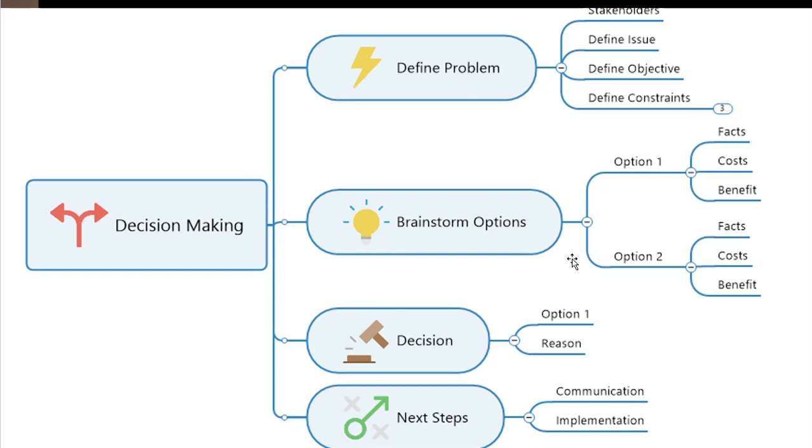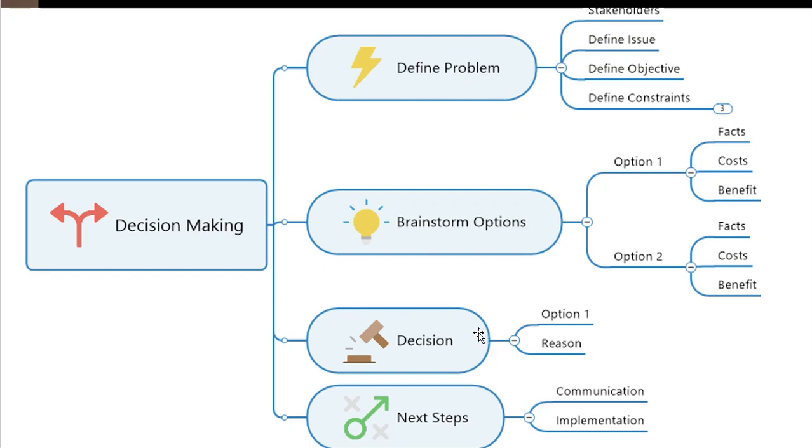Okay, and then after that the next one is decision. From this option, maybe you have 2, 3, and so on. You can have as many possible solutions or ideas from the brainstorm options.